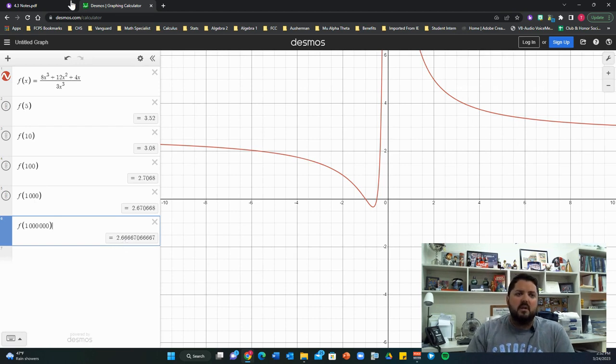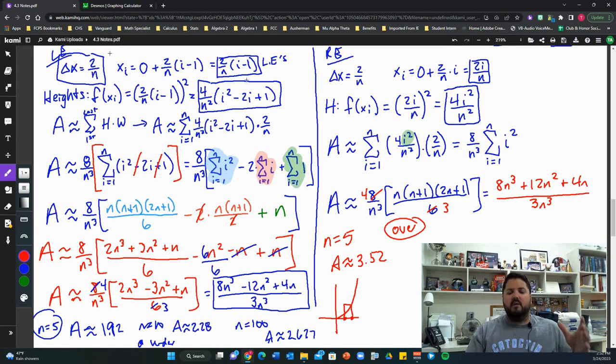So what does that mean? Well, that's the whole ball game. What we just figured out there was that for the left and the right endpoints, as we keep increasing the number of rectangles that we use to estimate this area, we actually start to approach the same value. That is the idea of exhaustion.